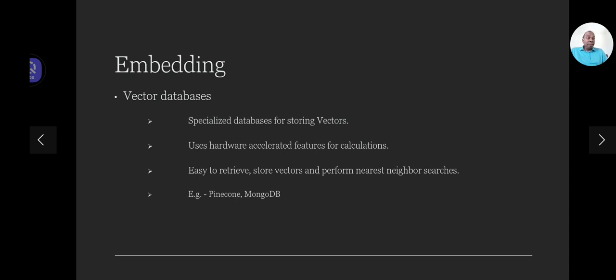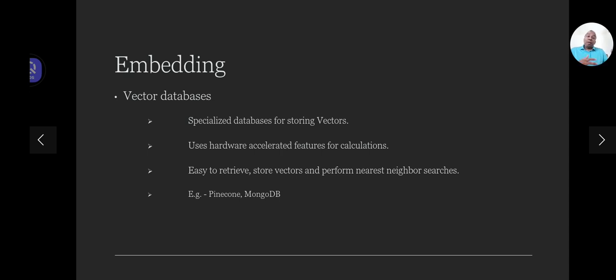MongoDB, traditionally, is a document database where you can save a lot of JSONs and process them. Neo4j is a graph database where you can store nodes and the vectors already inside.